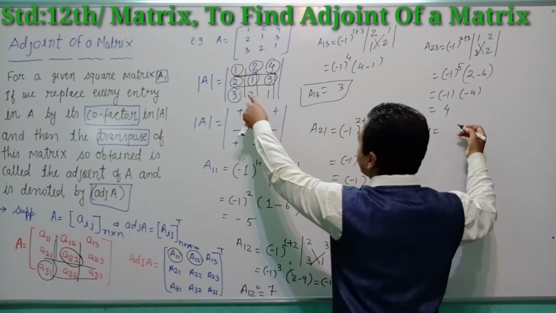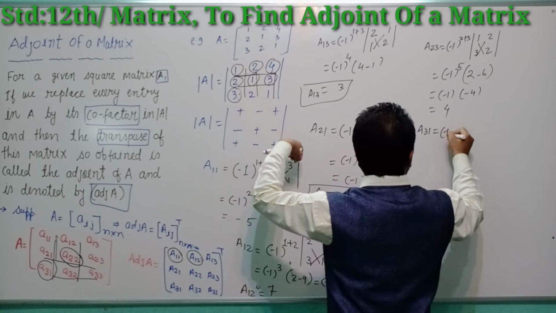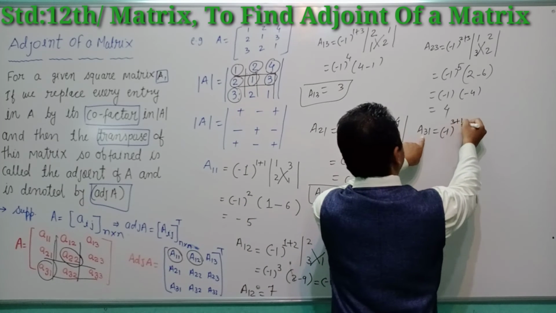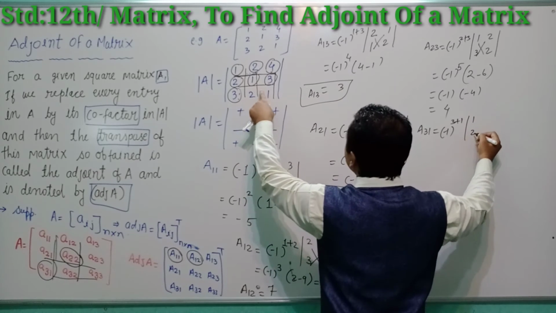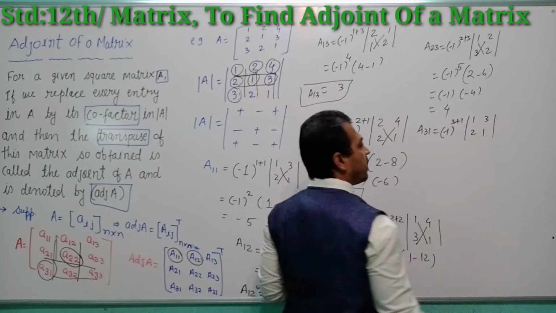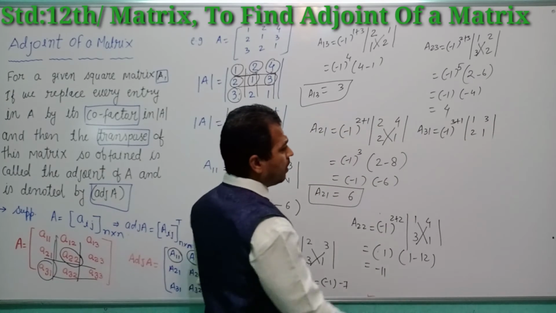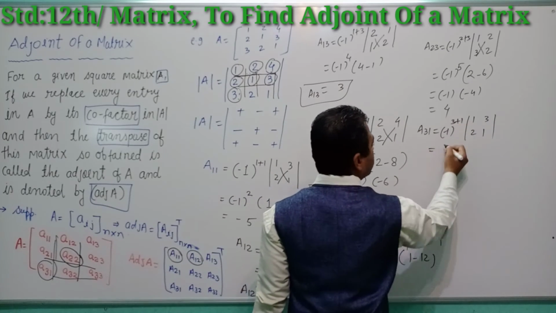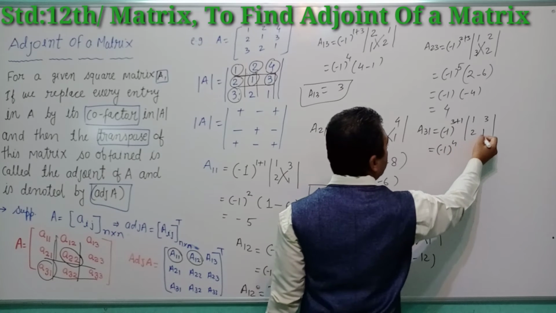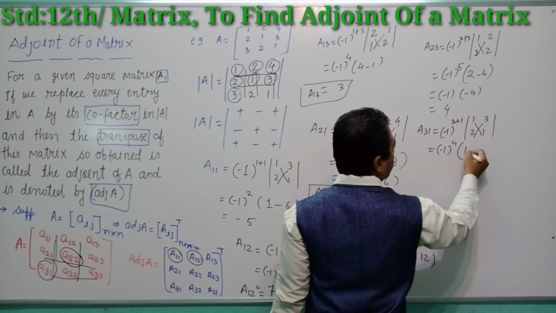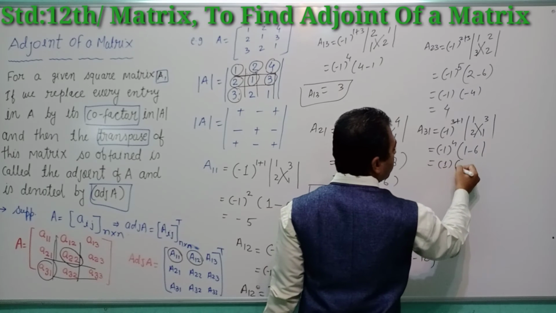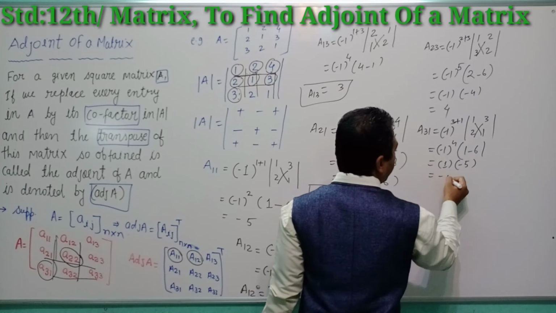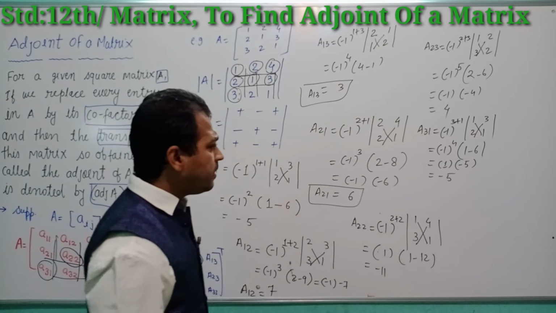Minus 1, third row, first column, means the elements will be 1 2 3 1, right, students? So minus 1 is to the power 4, cross multiplication, 1 minus 6, so plus 1, you are getting minus 5.